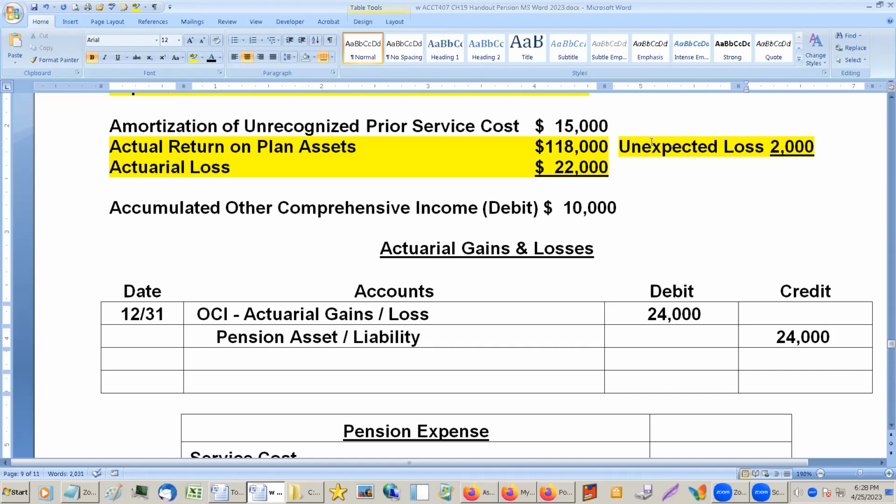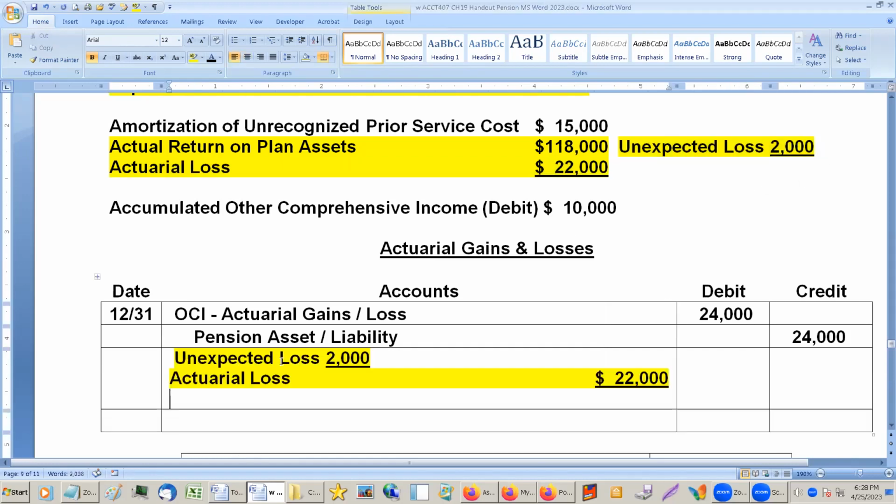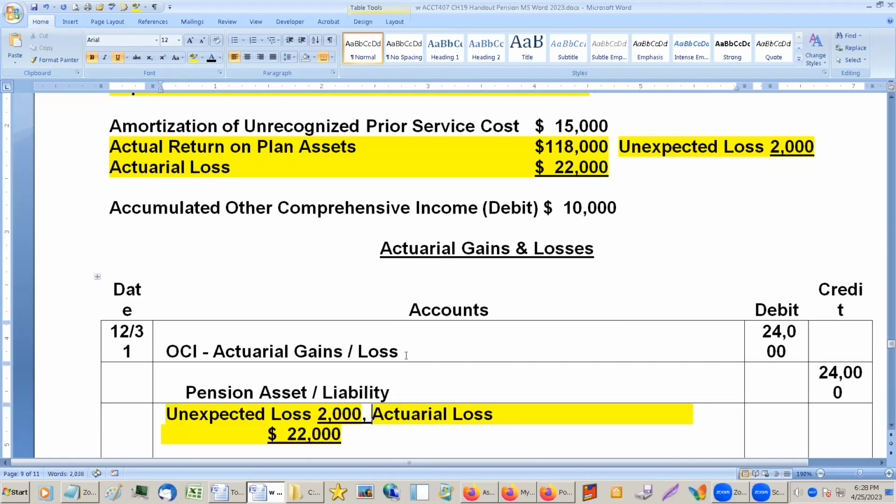And again, this is the unexpected loss, 2,000.